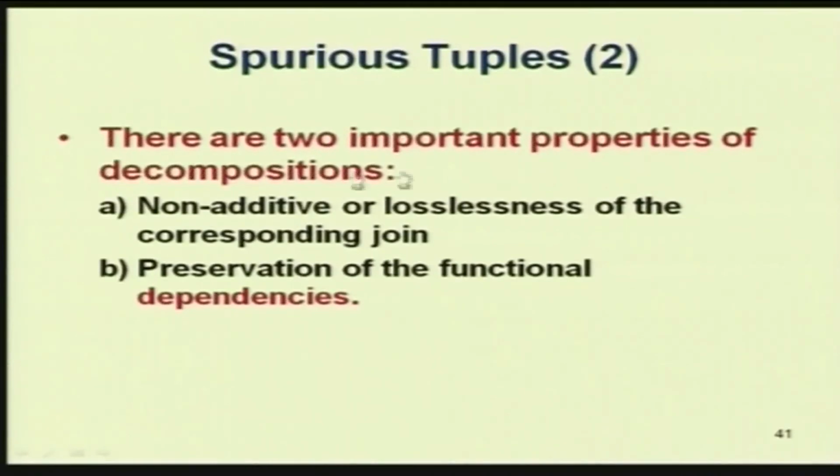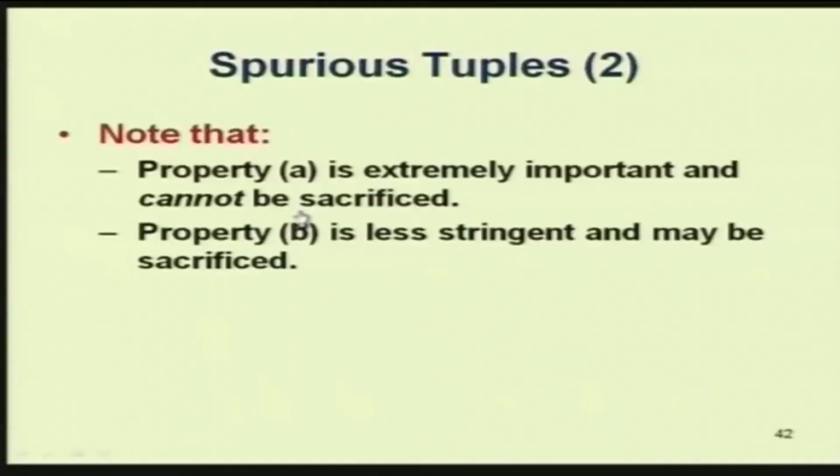There are two important properties of decomposition: non-additive or losslessness of the corresponding join, and preservation of the functional dependency. We have not discussed what a functional dependency is, but basically this is a guideline just to avoid spurious tuples. We will go into this later. Property A, losslessness, is extremely important and cannot be sacrificed. Property B is less stringent and it can be sacrificed.